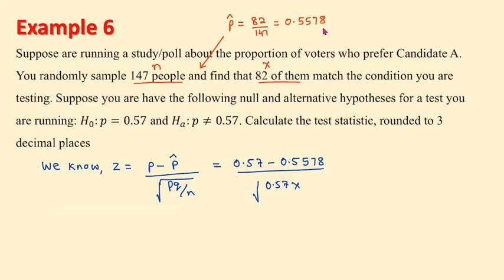If p is 57%, the other one will be 43%, so 0.43, divided by the sample size. In this case, the sample size is 147.